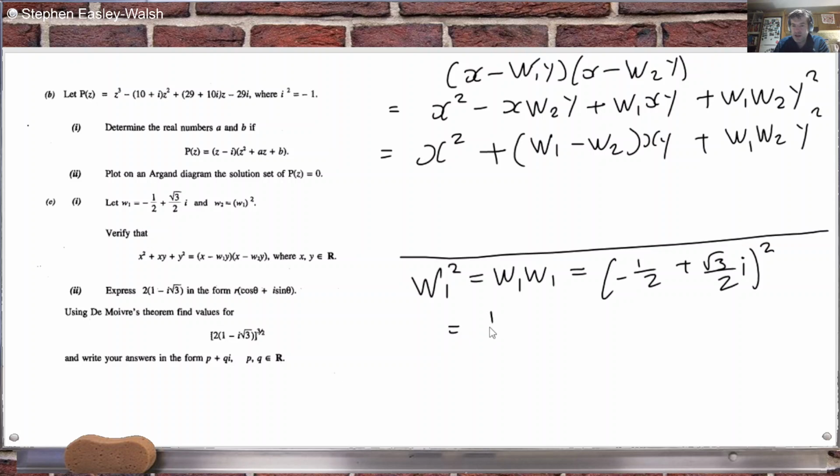So that's a quarter minus root 3 over 2i, and then that's 3 over 4i squared, so that's minus 1. So a quarter minus 3/4 is minus a half minus root 3 over 2i.